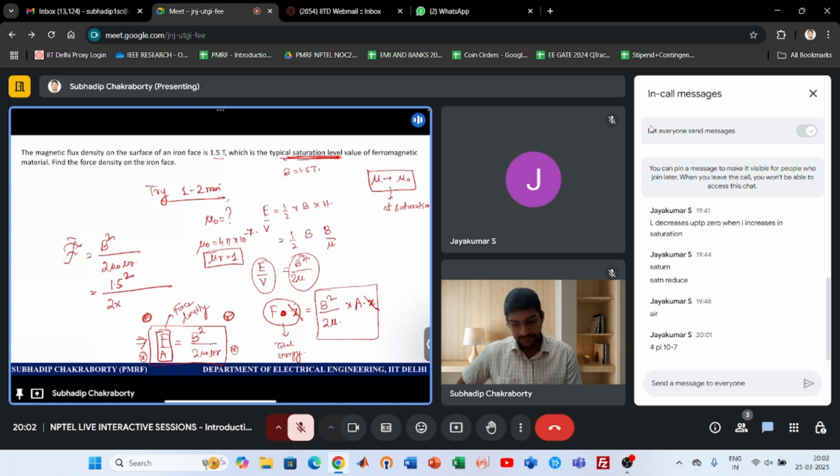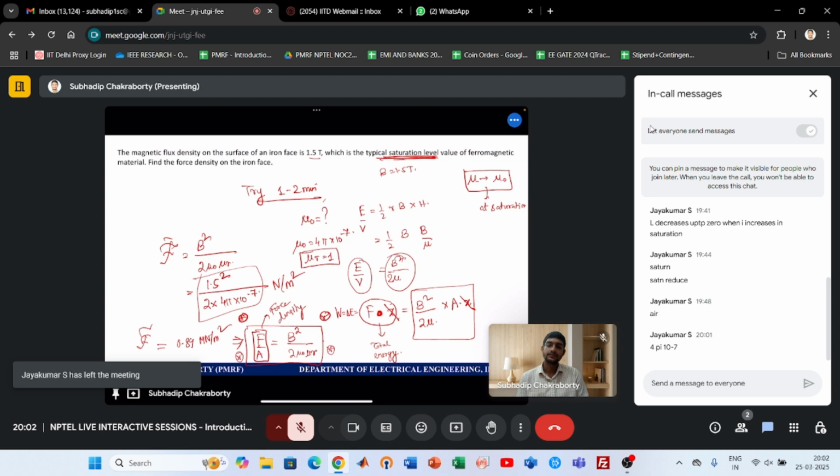So it is 4 pi into 10 to the power minus 7, right? And Newton per meter square. So just check what it is coming. 0.89 mega Newton per meter square, right? Getting the same?